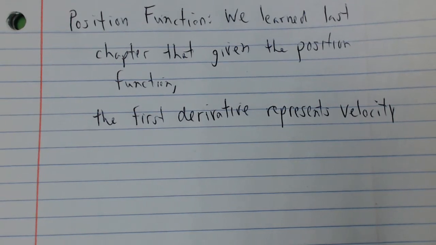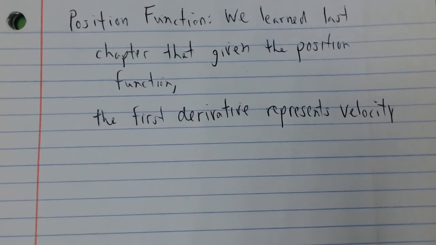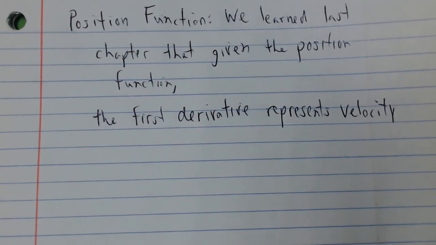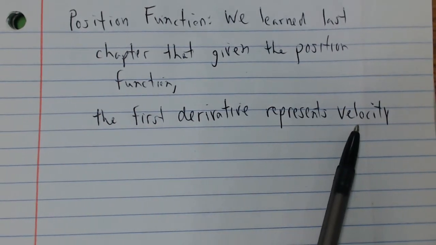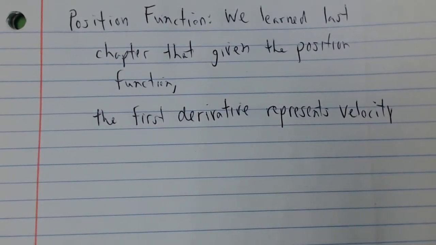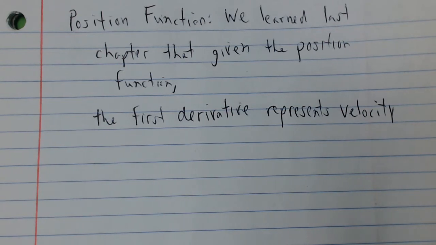If you're driving a car and you speed up, what are you doing? You're accelerating. Or if you slow down, you're decelerating. So the derivative of velocity, which is the second derivative of position, is called the acceleration, okay? Notice how we're actually making sense of what's going on here.